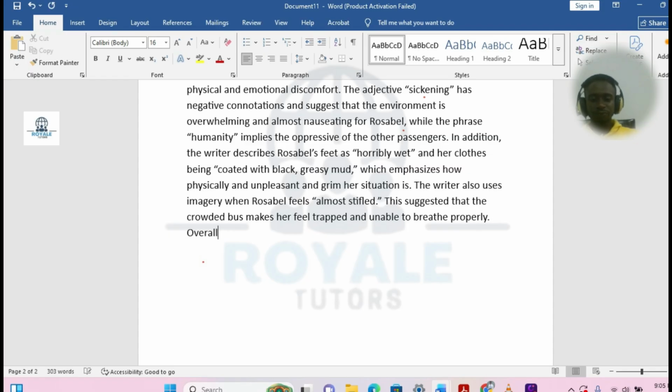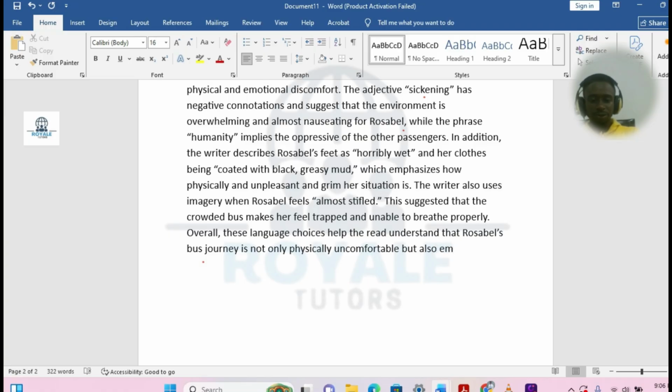So we can say that overall, these language choices help the reader understand that Roosevelt's journey is not only physically uncomfortable, but also emotionally draining.